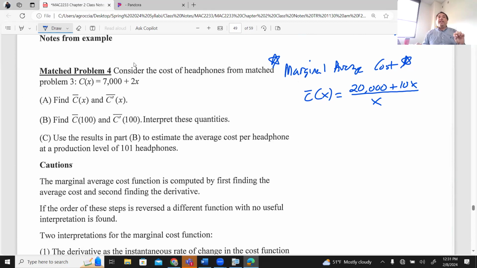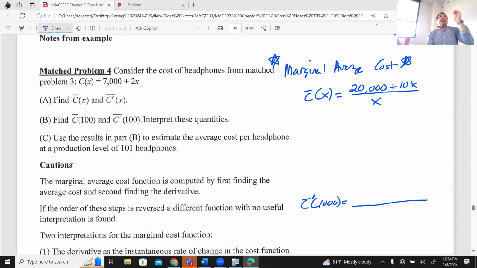Rewrite it, then take the derivative, then check, because our last question is, what's the marginal average cost at 1,000? I got the bar and the apostrophe. So we're doing average and we're doing derivative.